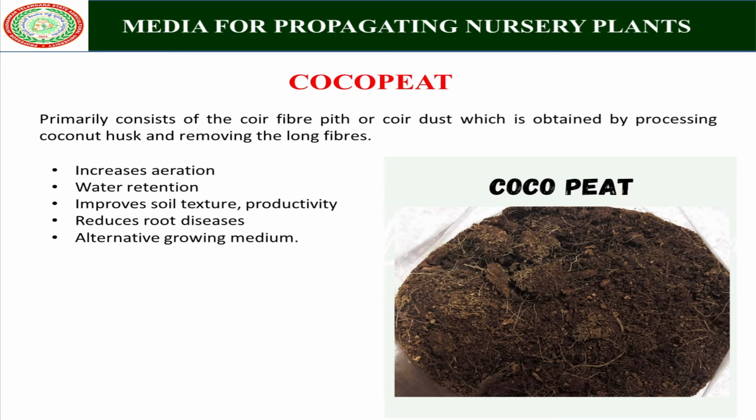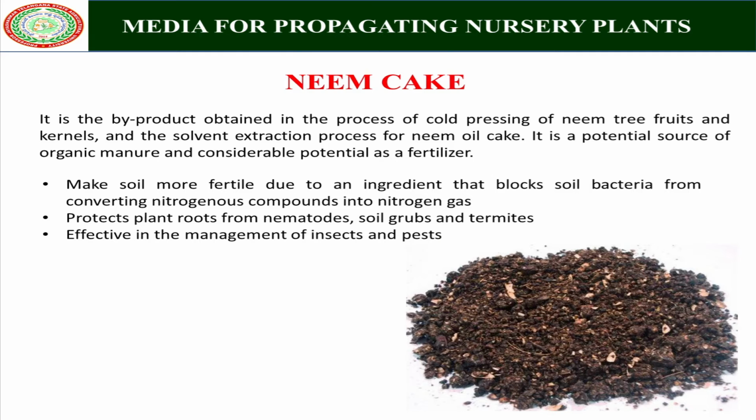Cocoa peat, due to its lightweight, can be usually used in vertical gardening, hanging pots, and also in the indoor plants, which can be shifted easily from place to place. The next potting mixture is neem cake.